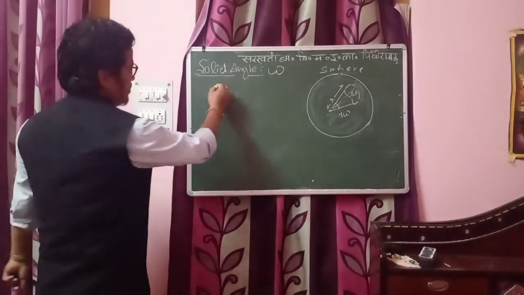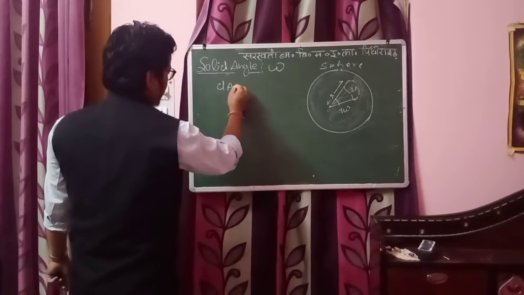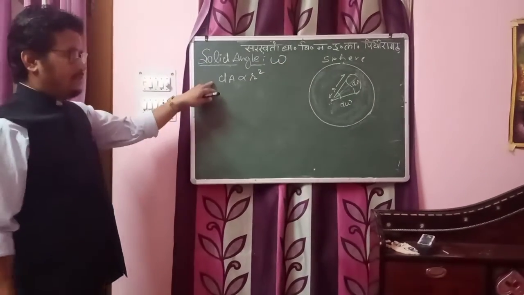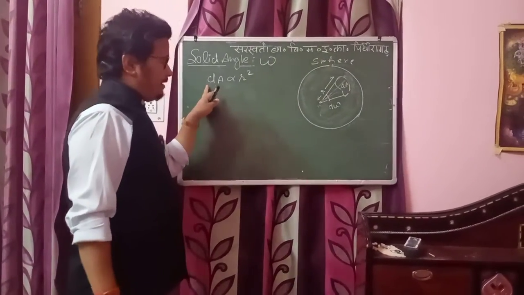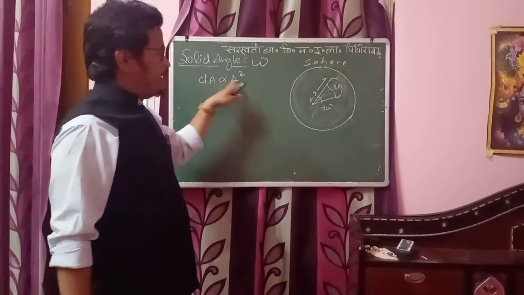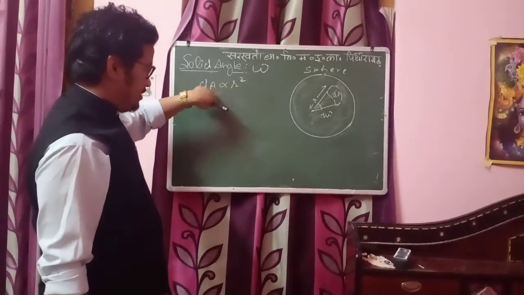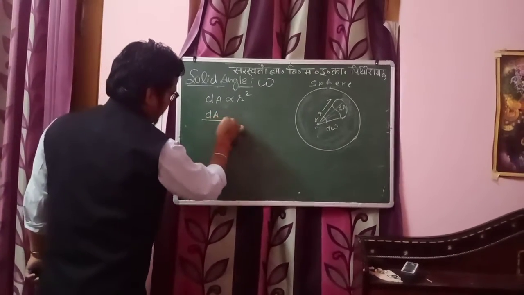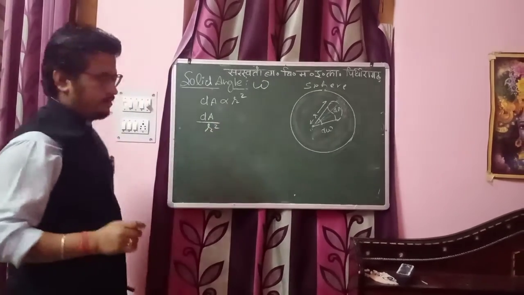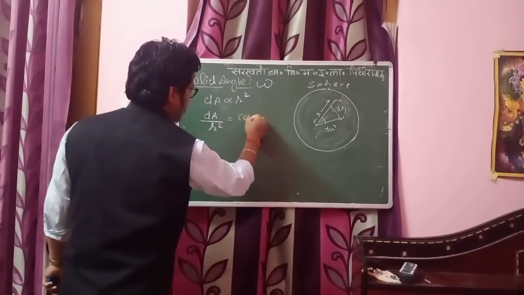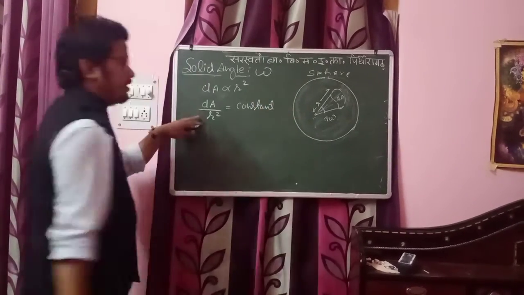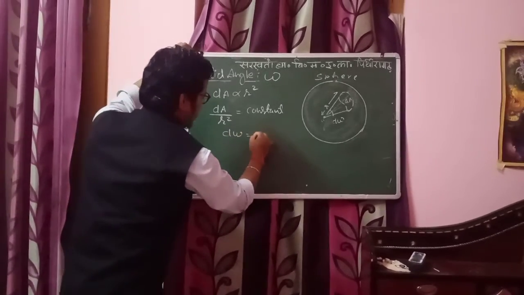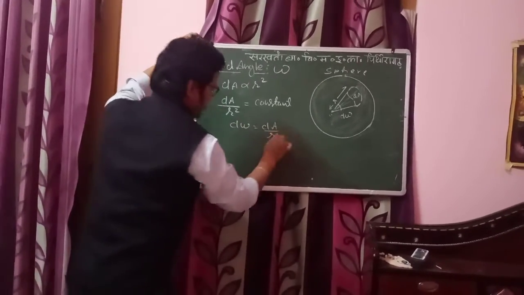In the case of a sphere, the area is always directly proportional to the square of the radius. This is the mathematical law that the surface area of any sphere is directly proportional to the square of its radius. Then the ratio of area and the square of the radius is always constant, and this constant ratio is called the solid angle. We denote d omega equals dA by r square.